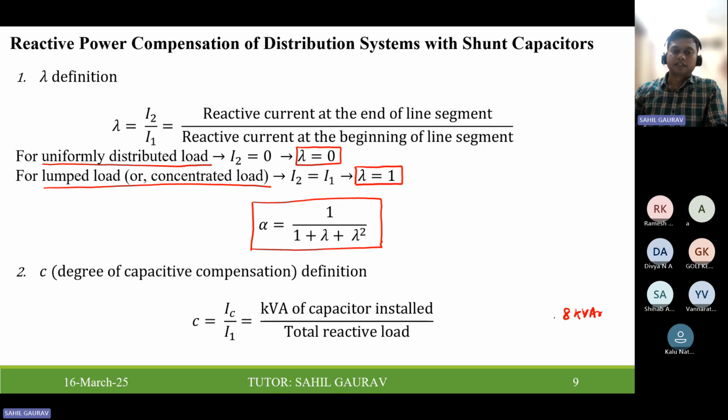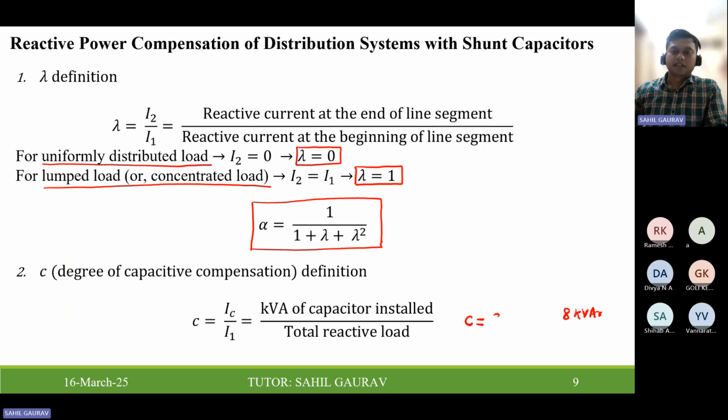Reactive power demand from the load is 8 kVAR, and C comes out as 2/3 of 8 kVAR. So it is coming as how much? Around 5.